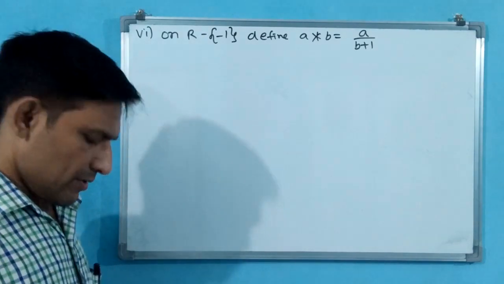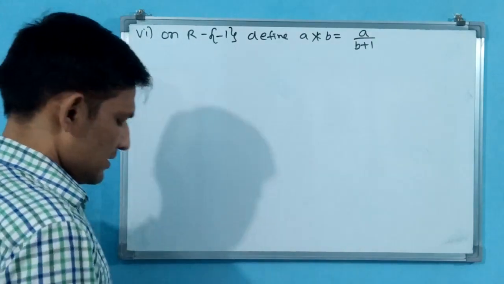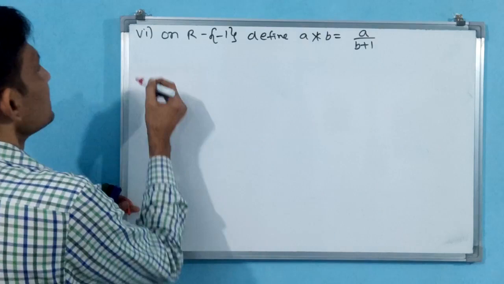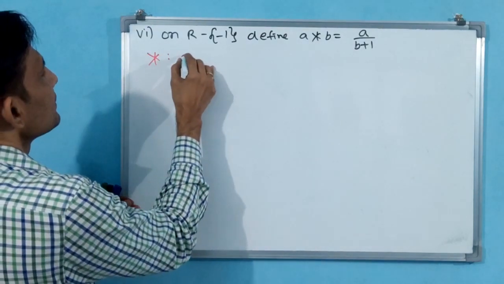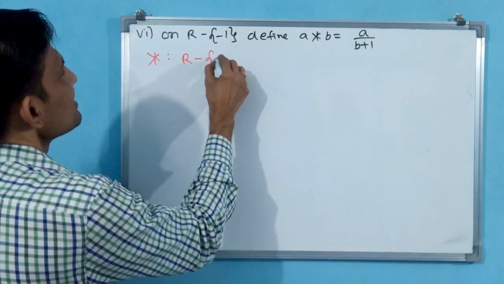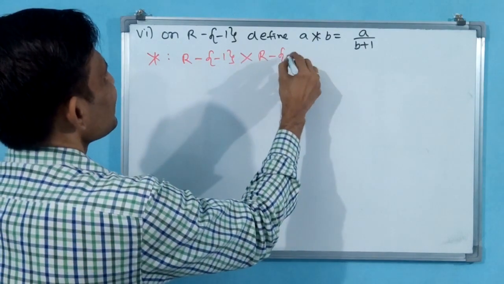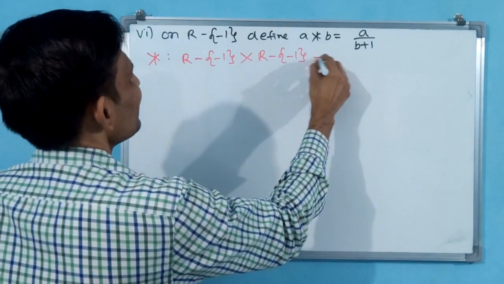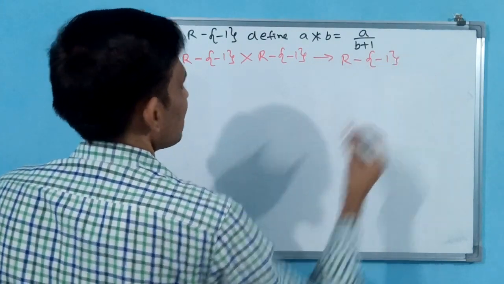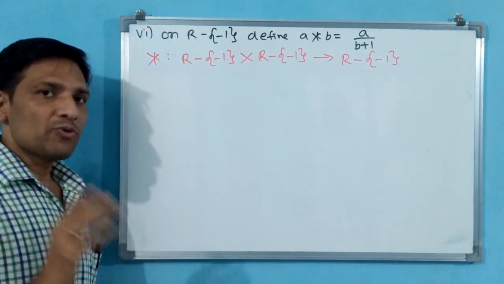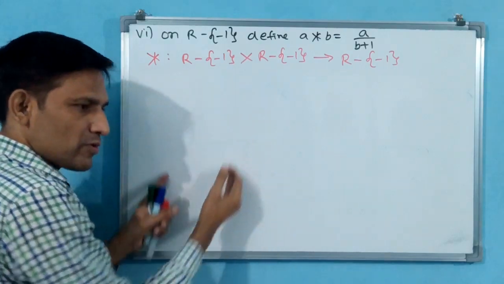Now first you write binary operation, how the representation we are making. We are making it like this: star colon R minus {minus 1} cross R minus {minus 1} to R minus {minus 1}. Here R minus {minus 1} and R minus {minus 1} are there, and you made the Cartesian product.